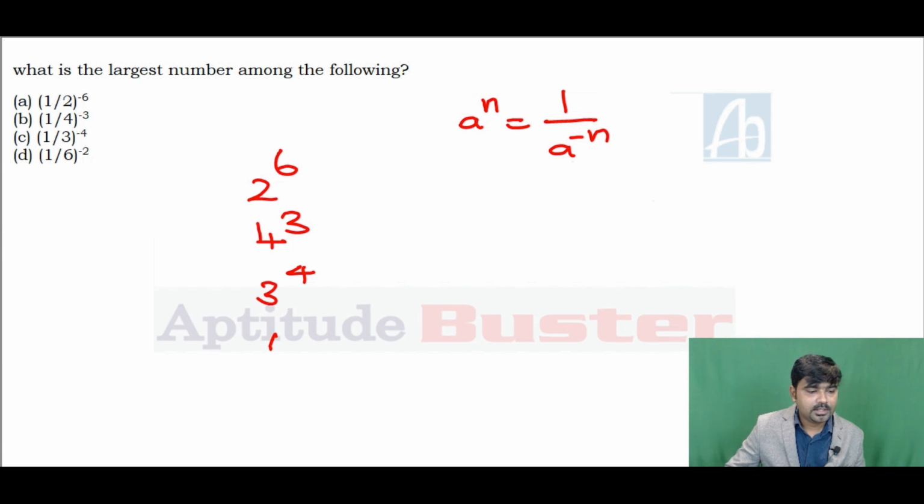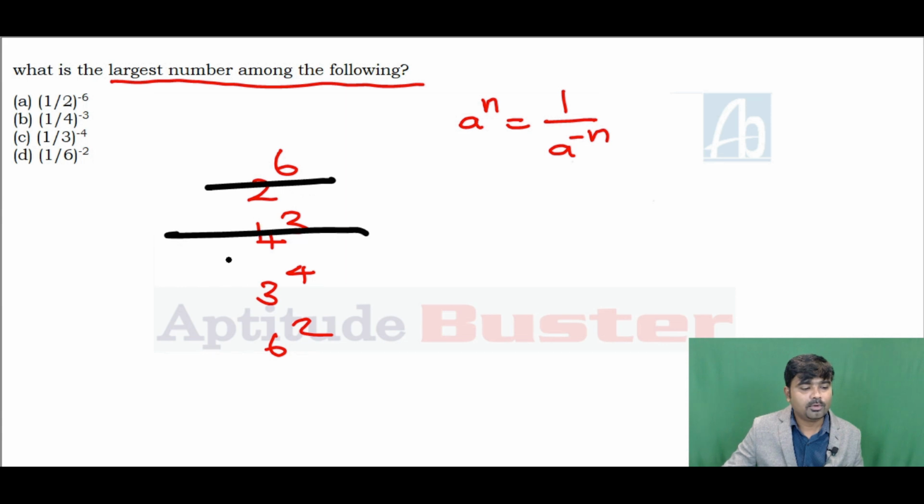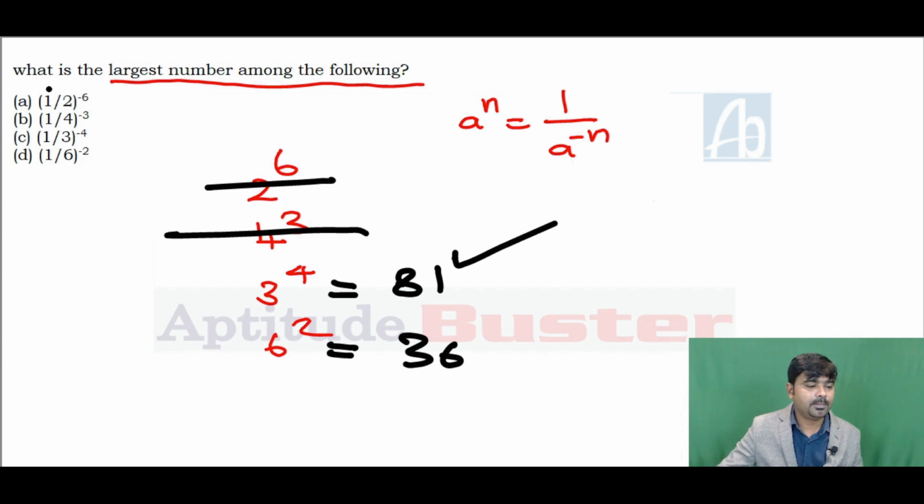Next one 6 square. Which is the largest number among the following, right? Only 4 answer choices, right? Simple thing, you can easily find out 2 power 6 and 4 power 3, these two are equal. Okay, that is, these two are not the answer. 3 power 4 is 81, 6 square is 36, which is the largest? 3 power 4. So answer should be C option.